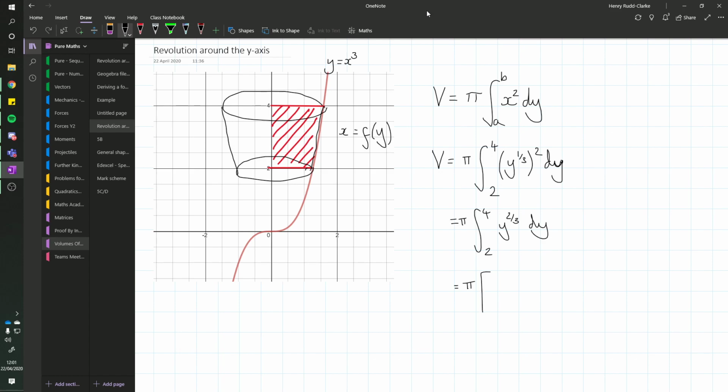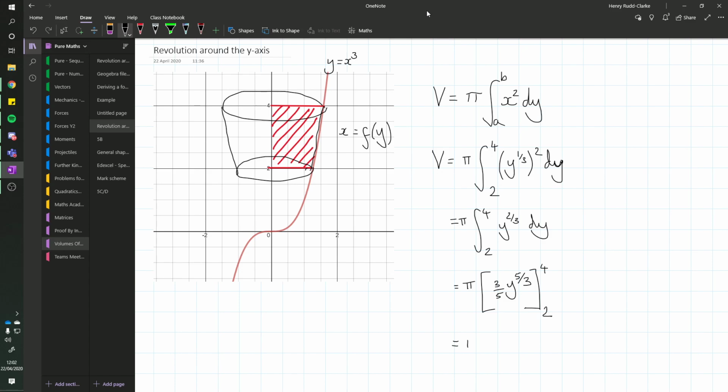And then when we integrate, we're going to have pi, and then we'll do our integral here. So this would be 5 over 3, and here this would be 3 over 5, between 4 and 2, like that. And then we just work it out. This seems like it's going to be kind of annoying to work out because it's not very nice numbers.